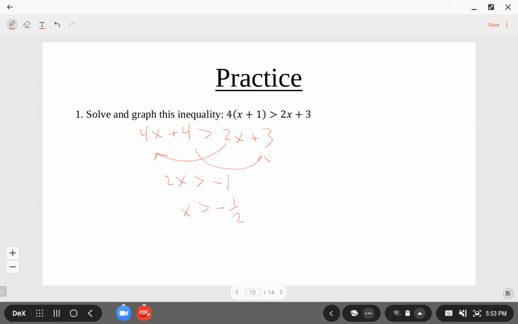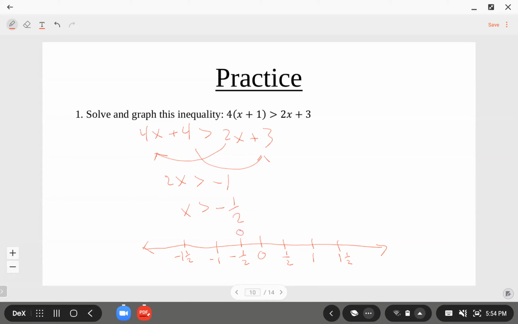Okay, now let's graph. We have 0, we have 1/2, we have 1, we have 1 and 1/2. Negative 1/2, negative 1, negative 1 and 1/2. I'm sure you get the idea. And we have our negative 1/2 right here.